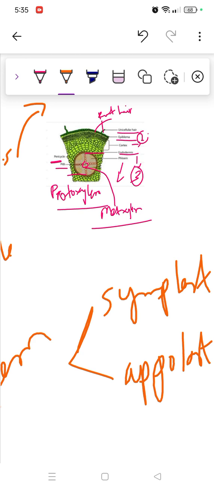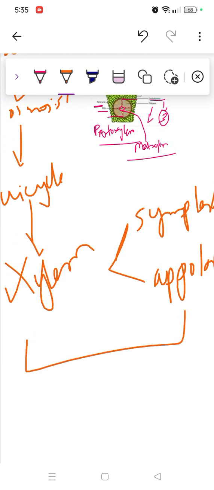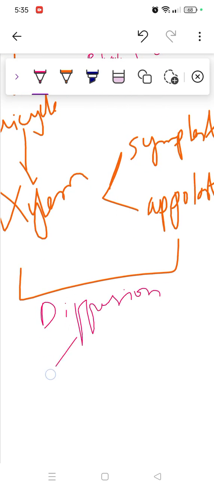So any process can happen. Then we also have diffusion, which moves from a region of higher concentration to lower concentration, and all these processes continue. It is necessary and a lot of things happen. I'm sure it's clear to you.